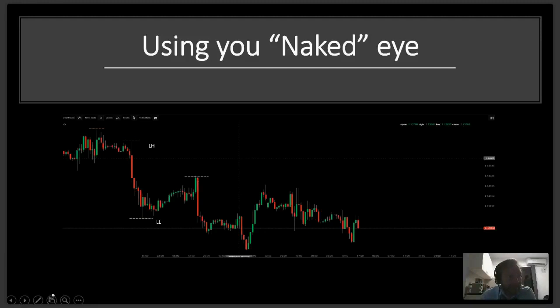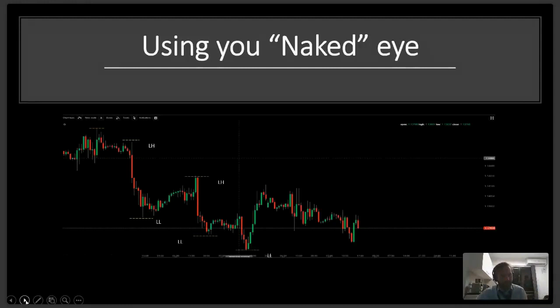There's a lower high. There's a lower low. Indicating to us that indeed, potentially, we're looking at a downtrend on the euro dollar. We're not having to use moving averages for this. We're not having to use the RSI or any lagging indicators. We can see this with our own eyes.